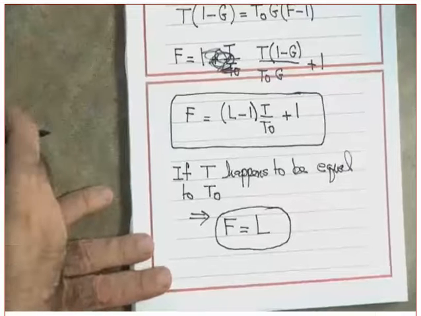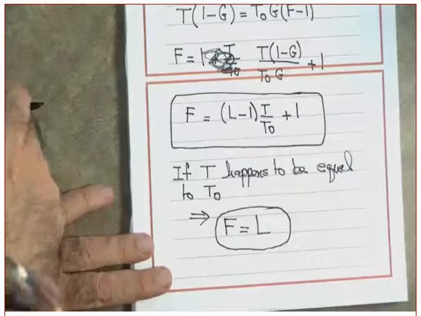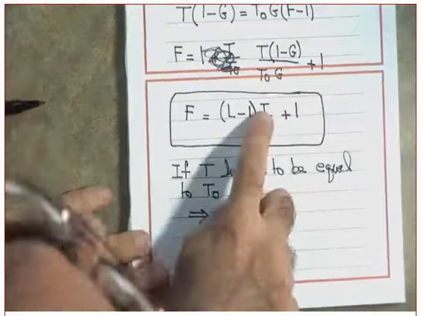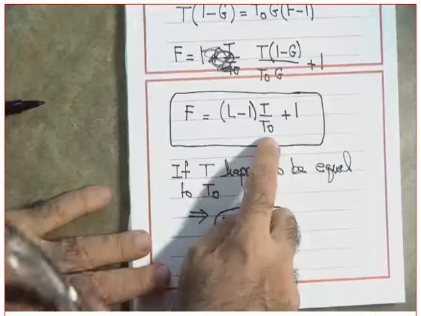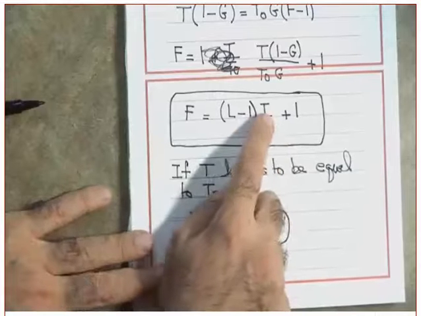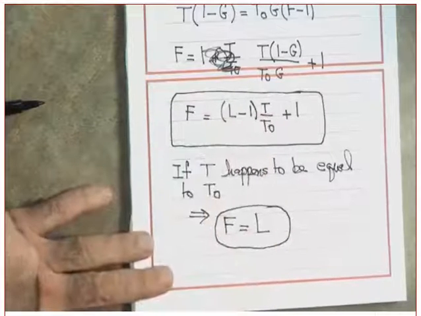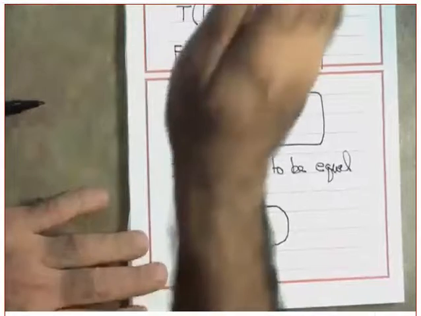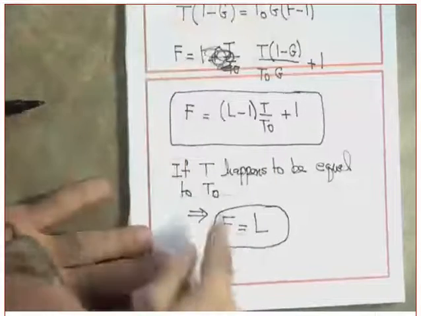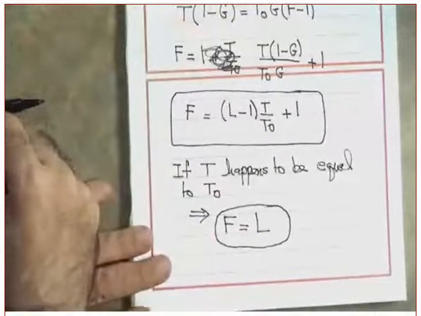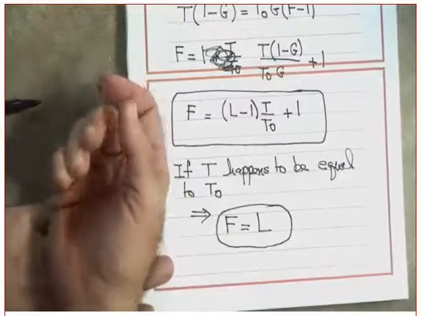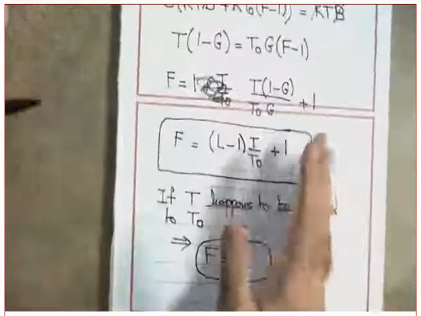This is only if T is equal to T0. If T is not equal to T0, then you need to calculate F from this equation. And in the midterm, I will definitely give you the case when T does not equal T0, so that I make sure you don't make the mistake. Did you understand this idea?